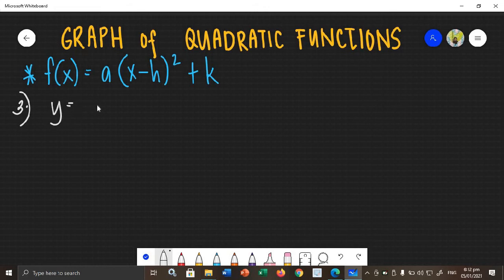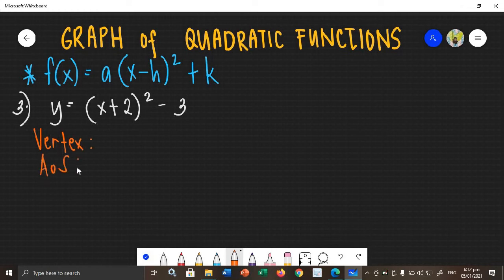Let's say we have y is equal to quantity x plus 2 squared minus 3. Again, we need to list down the values of our vertex, the axis of symmetry, the domain, the range, and the direction of the parabola. It should be written below the graph in your exams, but here I write it.